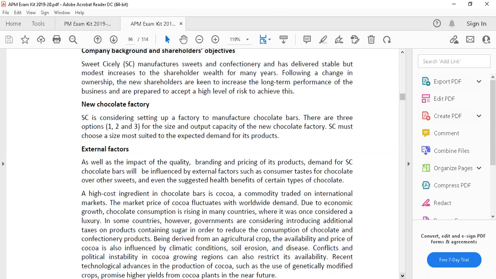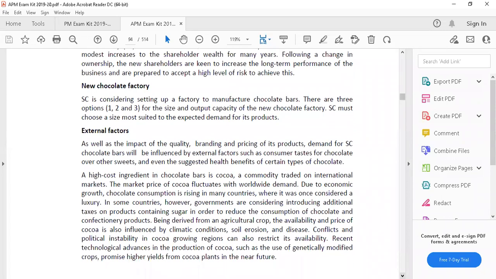There are external factors as well as the impact of the quality, branding, and pricing of its products. Demand for SC chocolates will be influenced by external factors such as consumer taste for chocolate over other sweets and even the suggested health benefits of certain types of chocolate. A high cost ingredient in the chocolate bars is cocoa, a commodity traded on international markets.